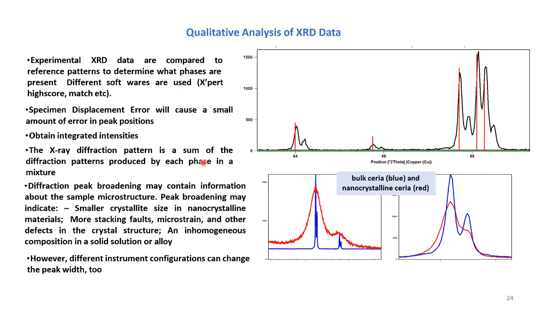The experimental XRD data are compared to the reference pattern here. This is a reference pattern, the red vertical lines. These are the standard data, and our peak positions are compared with the standard data. If the peaks come at these points, that means the sample peaks match the data that is already available, the X'Pert HighScore data. These are basically JCPDS files which we have in the software itself, and those are standard files.